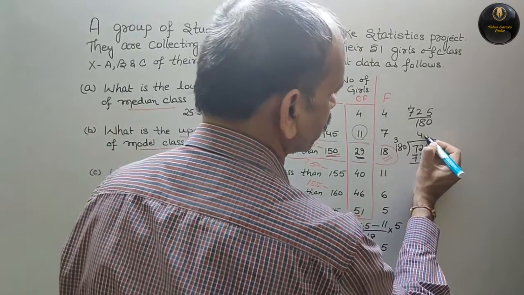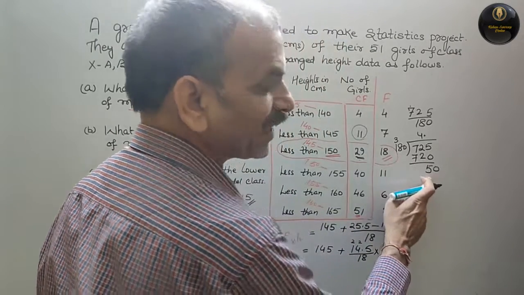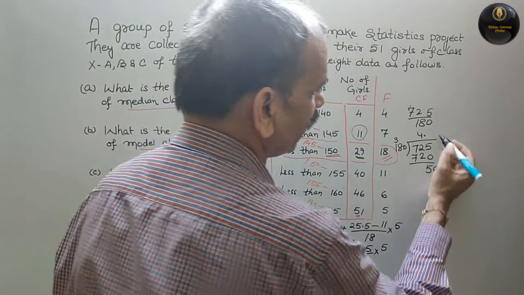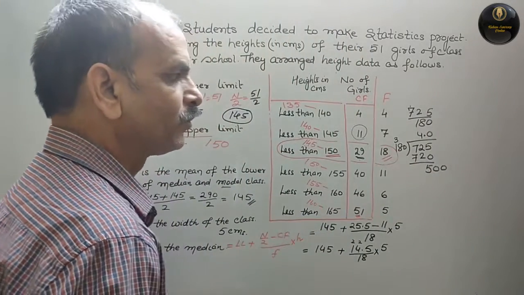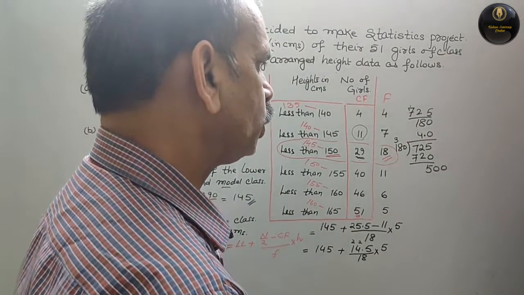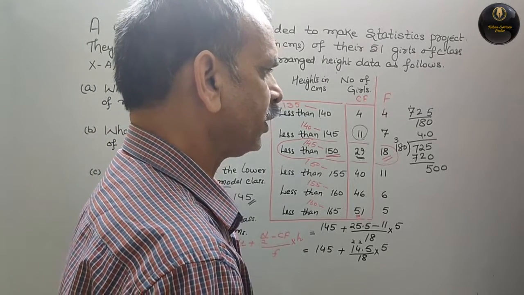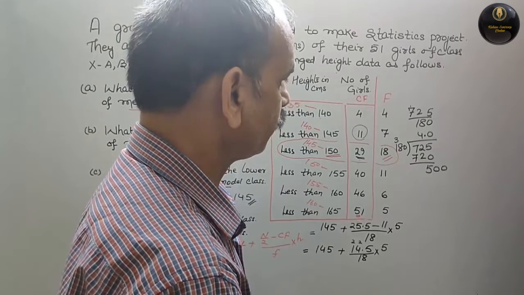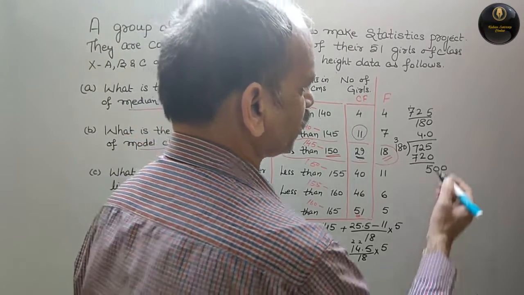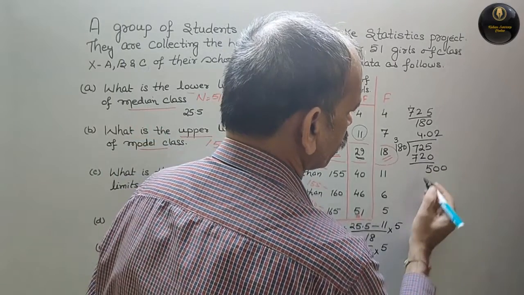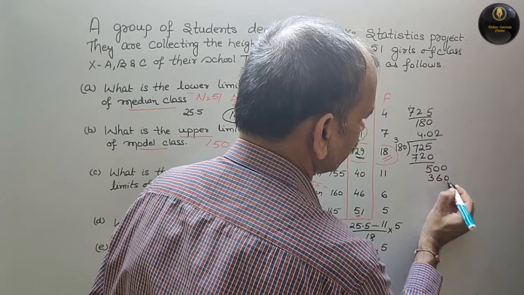Then we will put point. So it will be 50. Now it is less than 180. Therefore we will write here 0. So it will come as 500. So 180 into 2 times will come as 360.